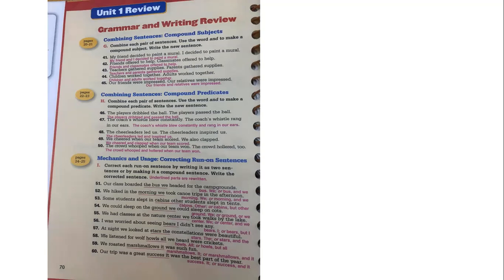We roasted marshmallows, period, capital I in "it was so much fun," or we can use the conjunction "and." We roasted marshmallows, comma, and it was such fun. Number 60: Our trip was a great success. It was the best part of the year. Here we can use a period after "success" and capital I to form two sentences, or we can use the conjunction "and." Our trip was a great success, comma, and it was the best part of the year.